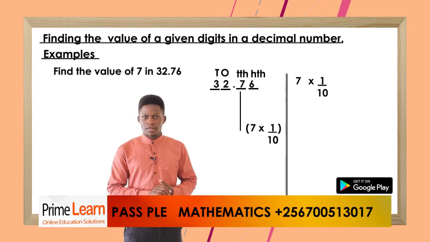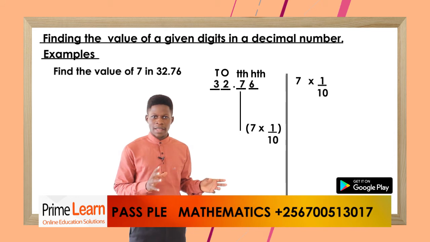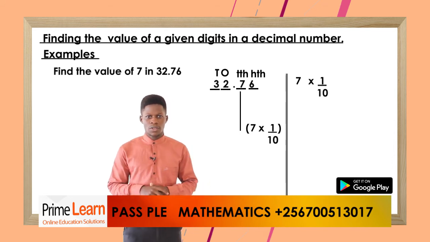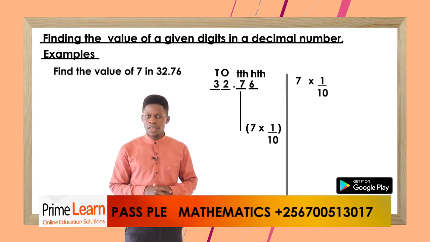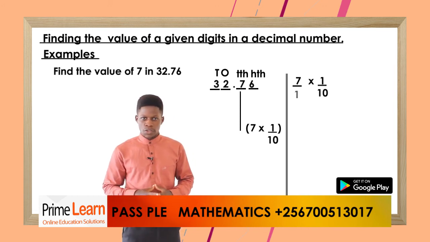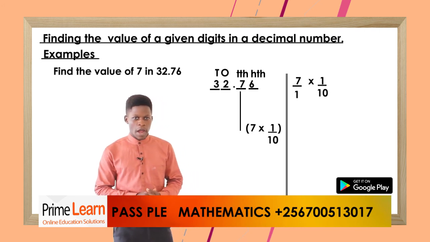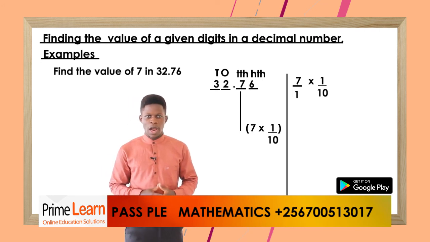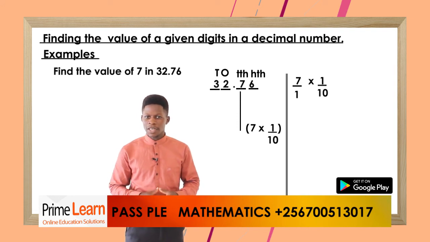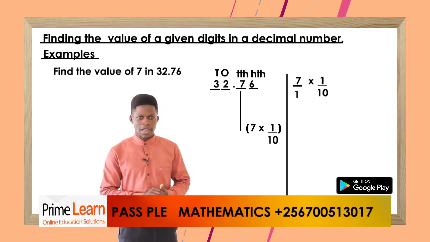Don't forget that a whole number like 7, which you are seeing here on the screen, is always having a silent denominator 1. So we are going to also put there that silent denominator, which is 1. After writing that silent denominator, we shall multiply the numerators alone and the denominators alone.